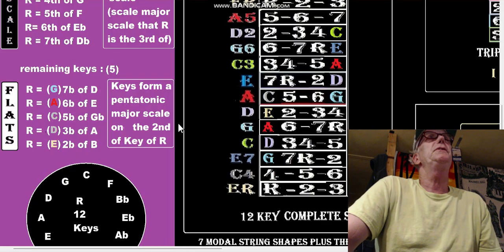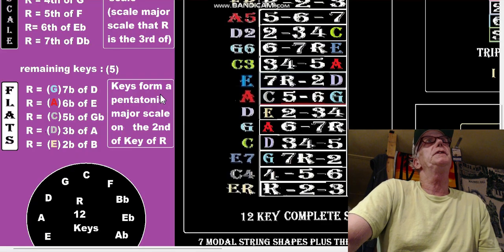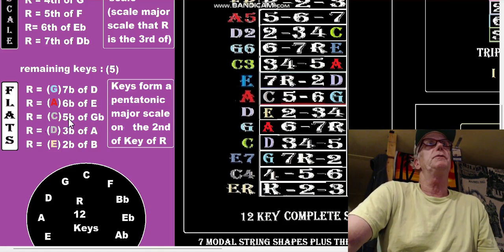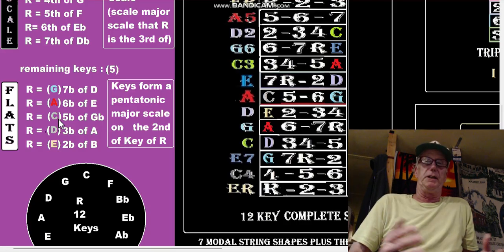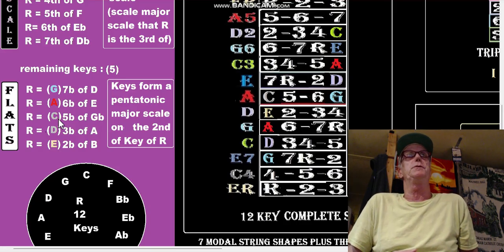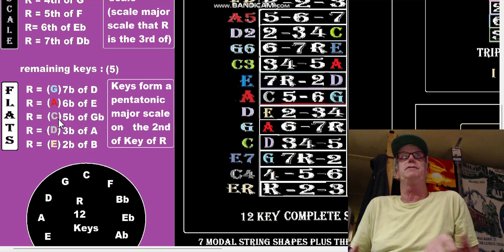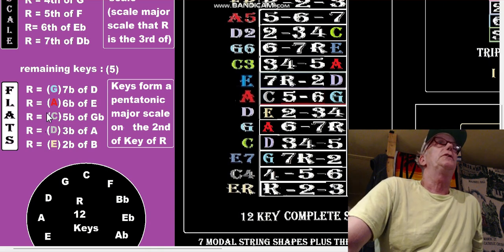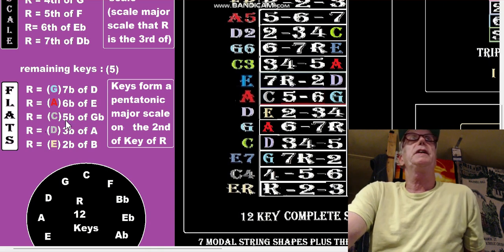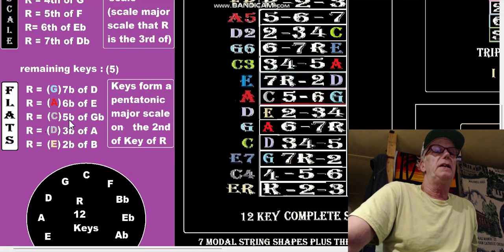Now how do we use it? How to use it is another story. But before I show you how I might use it, you certainly use it to play in a key. Someone says, would you play in the key of G flat? So you look at your root, which is C, and you say it's 5 flat of G flat, right?